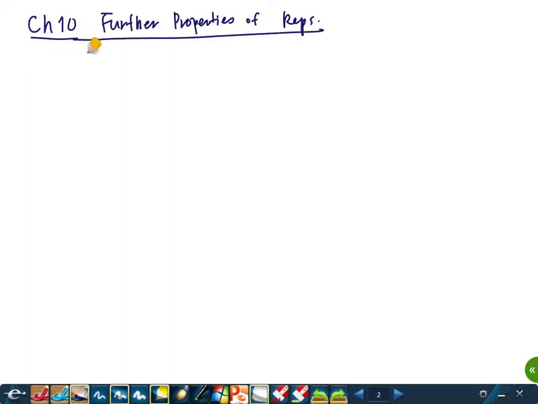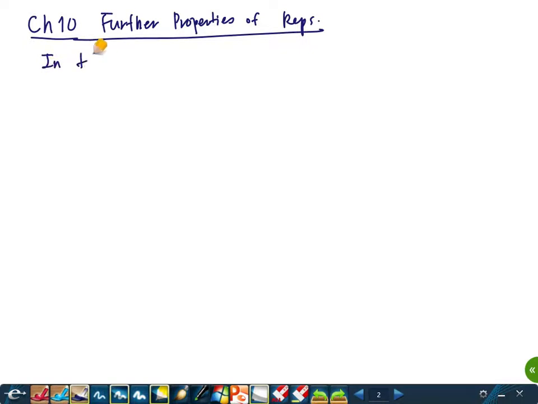In chapter 9, we did many proofs, but in this chapter, instead of giving you proofs, I'm going to tell you the results and applications, examples, and how to use them.